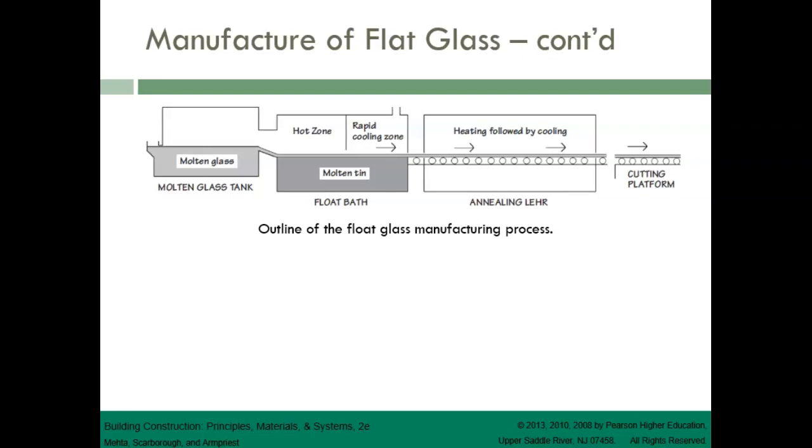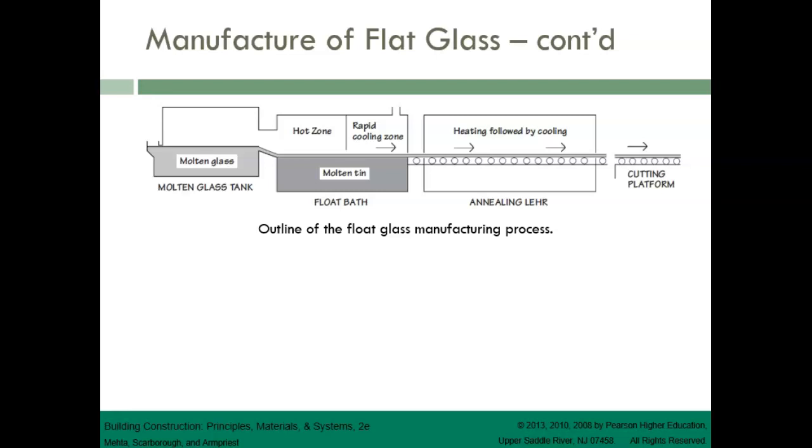In the process that is commonly used today, the raw materials are granulated, mixed together, and loaded into a furnace, where they melt. The process is controlled so that a predetermined thickness of molten glass travels continuously over a tank of molten tin, called the float bath. At the end of the annealing layer, the glass sheet emerges as a continuous ribbon at room temperature, free of any internal stresses.